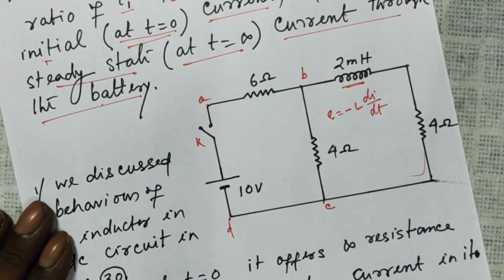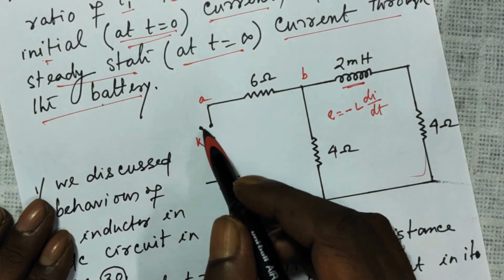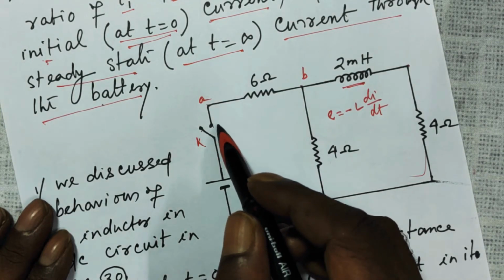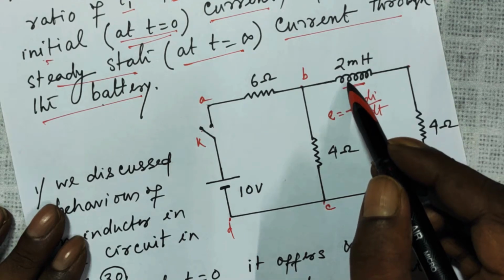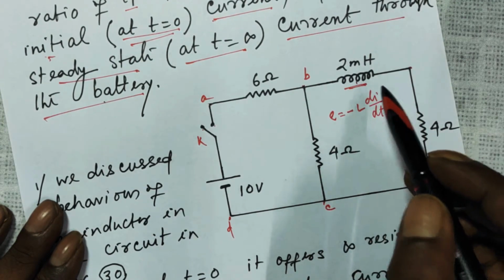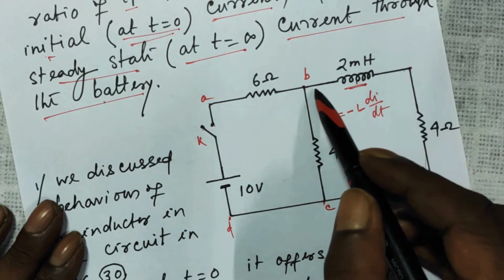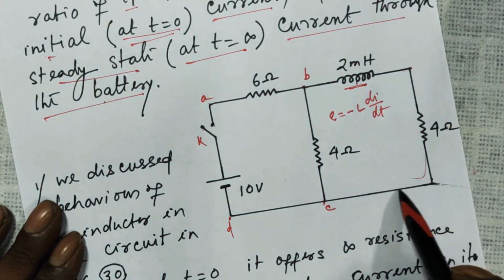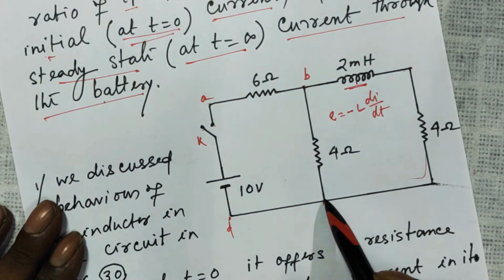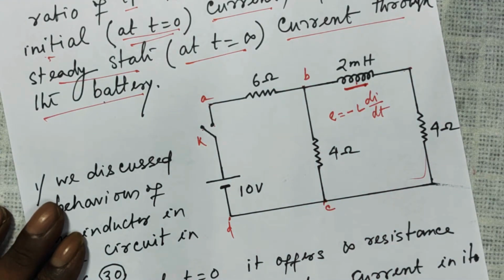So in the last video, alternating current 30, I explained that at t is equal to 0, when this key is switched on, this inductor was offering infinite resistance. So it was not allowing any current to pass through this. Means through this part, no current will pass at t is equal to 0 because this is offering infinite resistance, right?